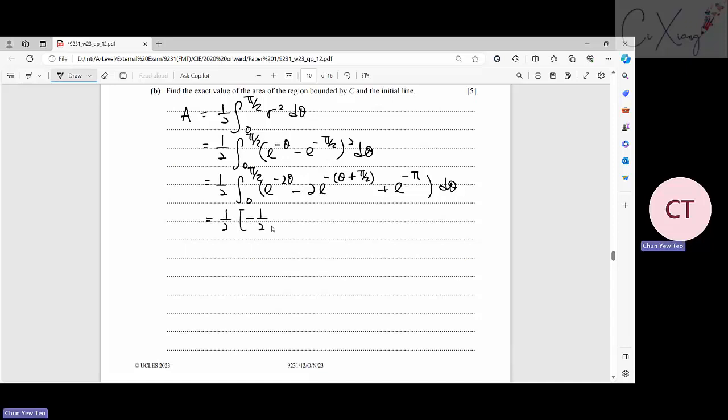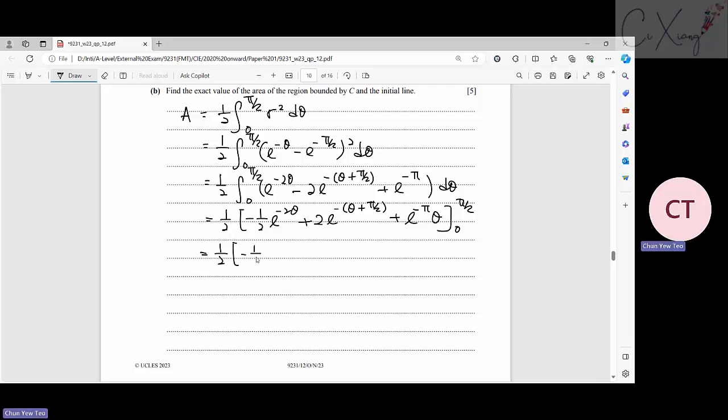You get negative half e to the power of negative 2 theta, and you get a positive 2 e to the power of negative theta plus pi over 2, plus e to the power of negative pi theta, from theta 0 to pi over 2. Just have to be very careful because this kind of expression is quite confusing.